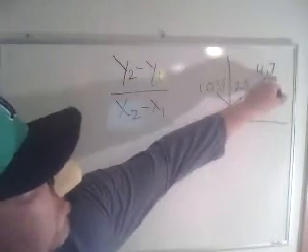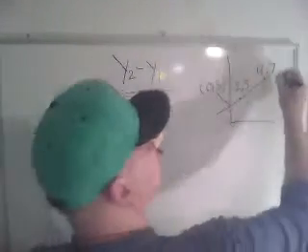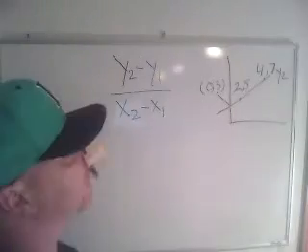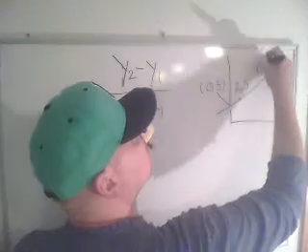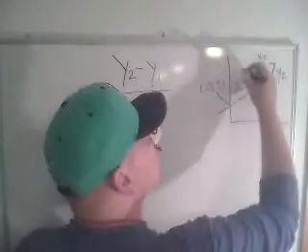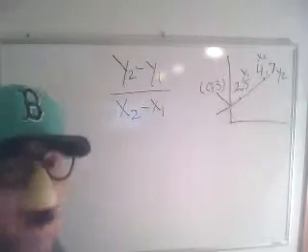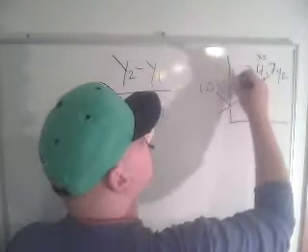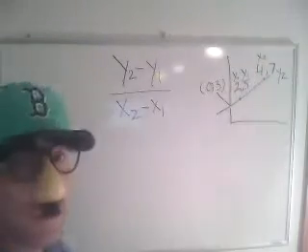So y2 is going to be this, and x2 is going to be the 4, and y1 is going to be the 5, and x1 is going to be the 2.